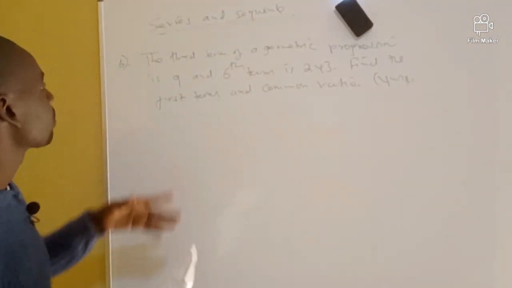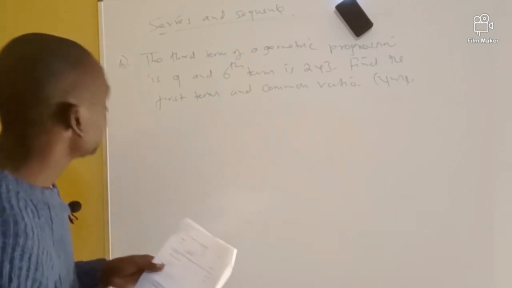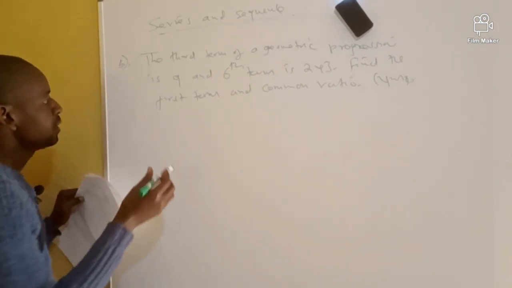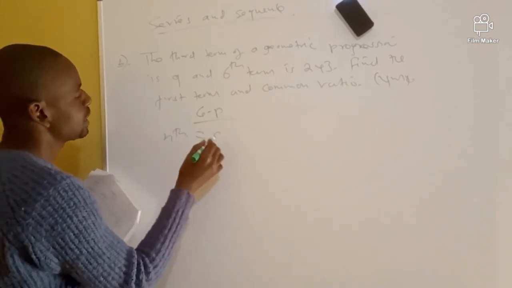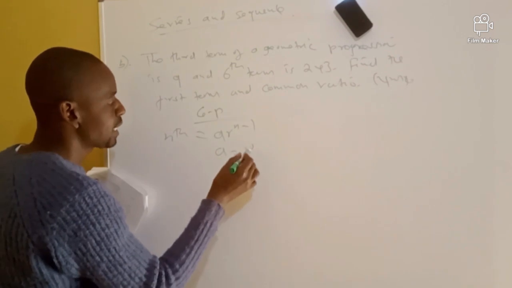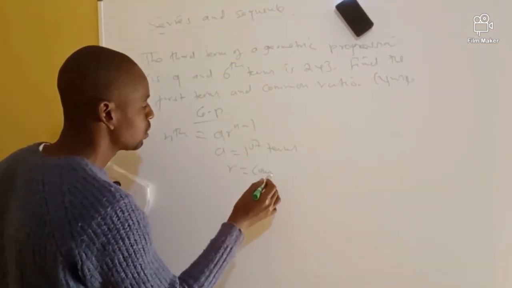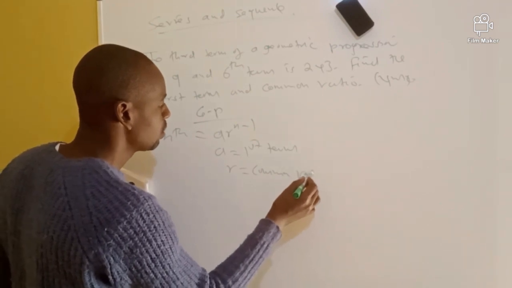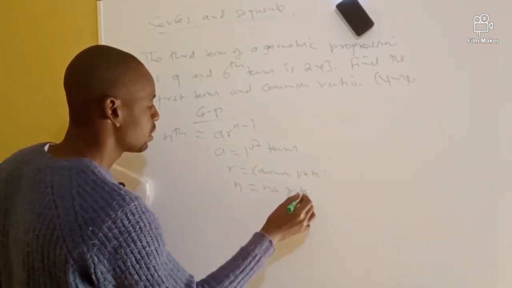You're told to get the first term and a common ratio. Now, in a GP, for you to get the nth term, it is just AR^(n-1), whereby A is the first term, R is the common ratio, then n is the number of terms.